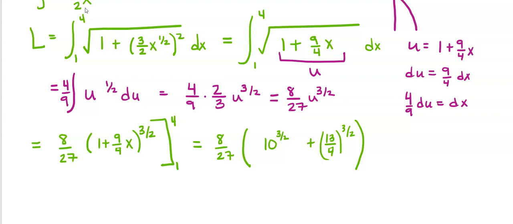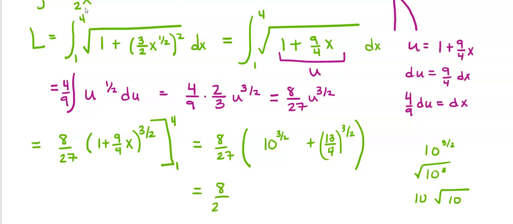Okay, so I can actually change the way this is. Remember that 10 to the 3/2 really means 10 cubed, squared. So really we have a perfect square of a 10 in there, and we have 1 left over. So that's how I'm going to rewrite this.